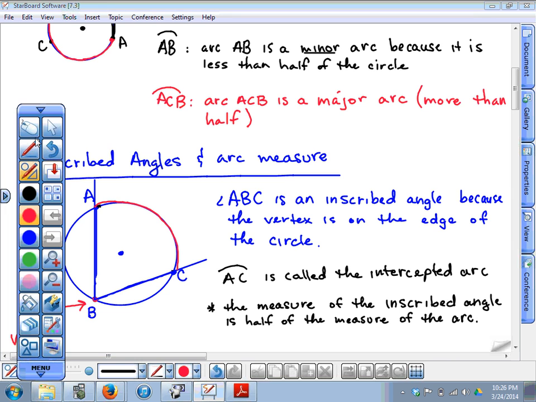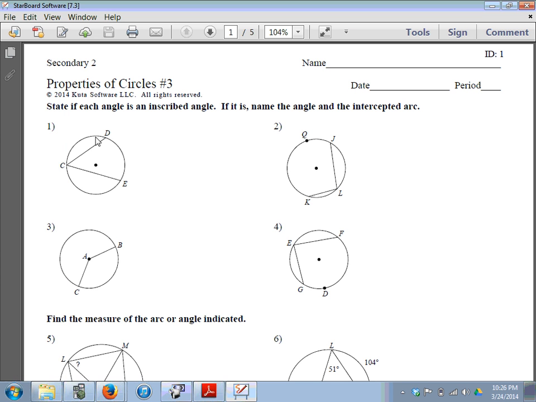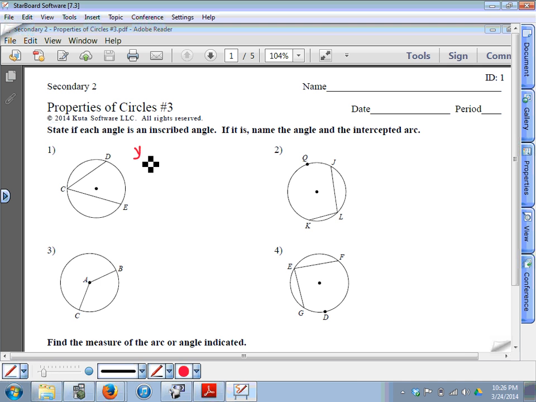So let me actually get something so I can draw on this here. So for question 1, what you ought to be doing is saying yes, because it's an inscribed angle. Name the angle. It's angle DCE. And then name the intercepted arc.